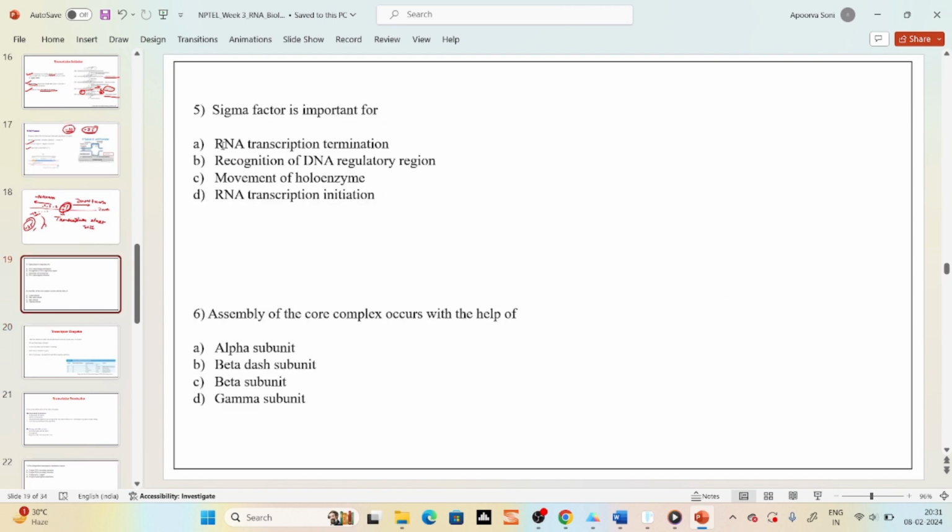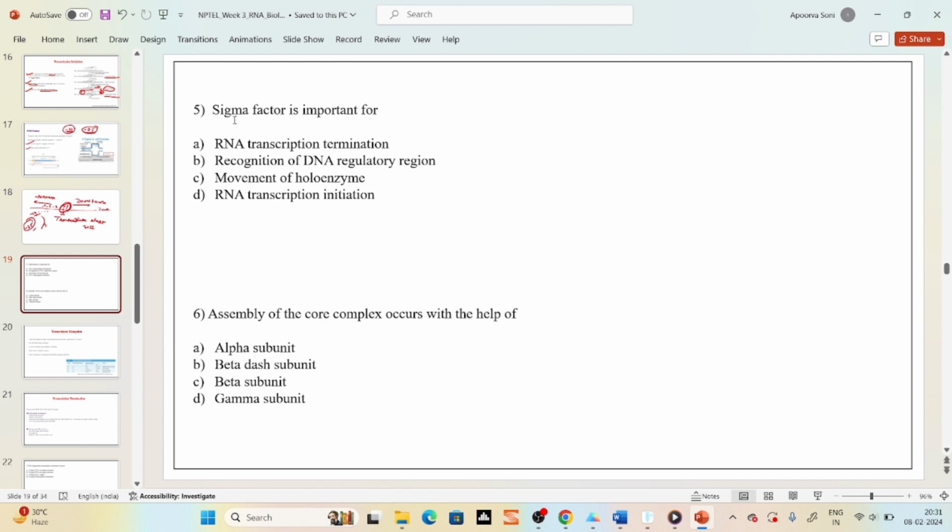Okay, quickly we'll see these questions. Sigma factor is important for transcription termination, recognition of DNA regulatory region, movement of holoenzyme, or RNA transcription initiation. What is the correct answer?